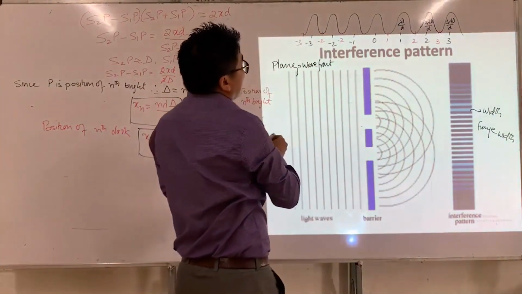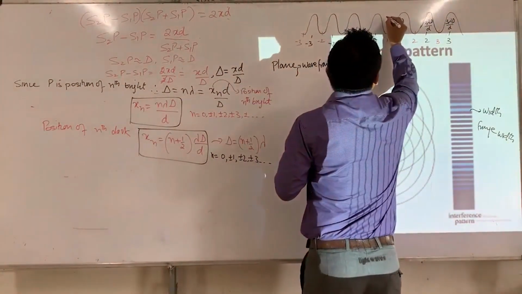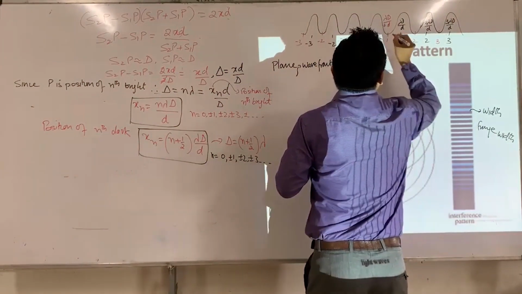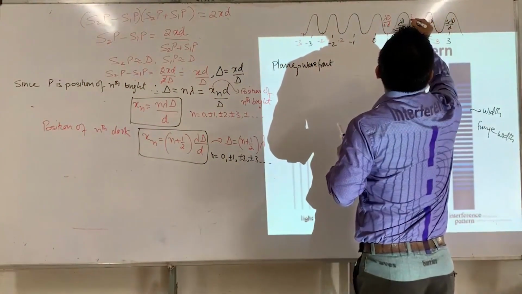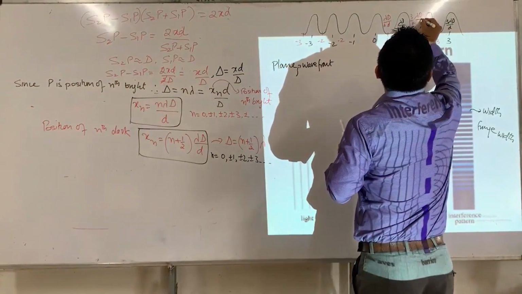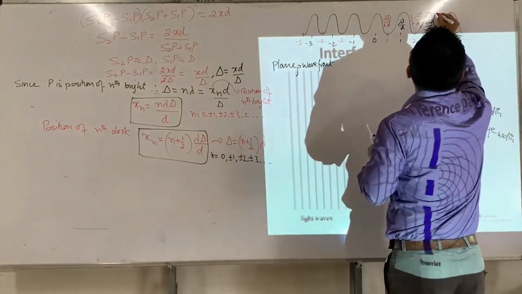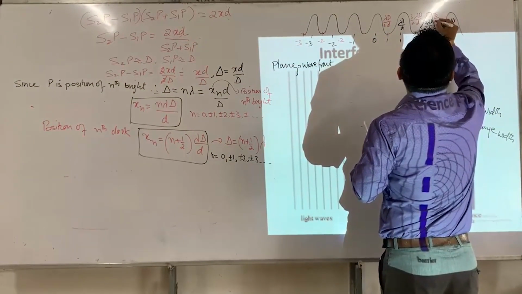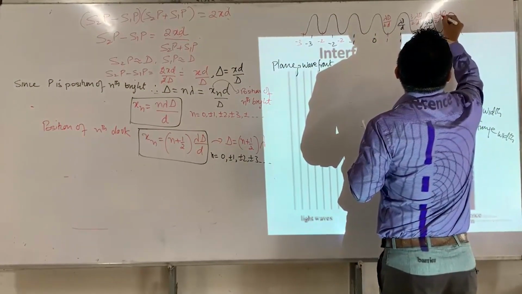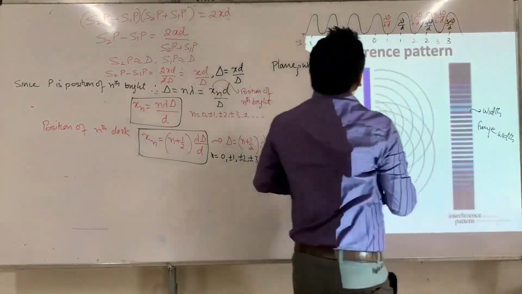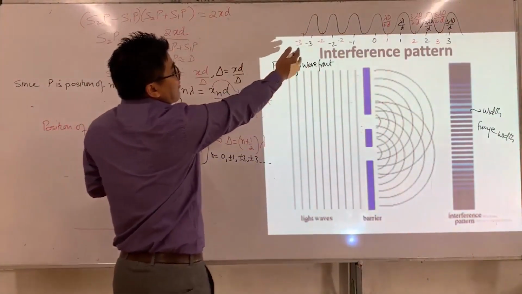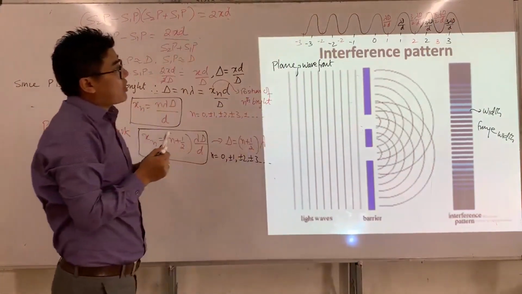And for the darks, this is going to be lambda D by 2d, this is 3 by 2 lambda D by d, and this is 5 by 2 lambda D by d. Same you're going to get on the other side, only the difference is you get a minus.